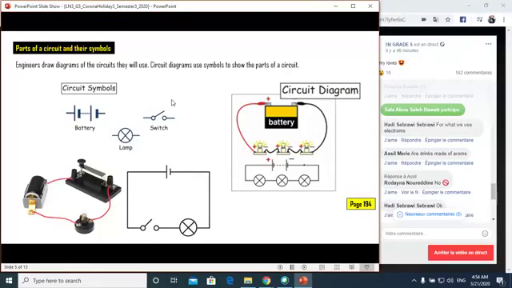Here it is. The battery in here, the light bulb, the lamp, the switch, and all of these elements are connected together by wires.